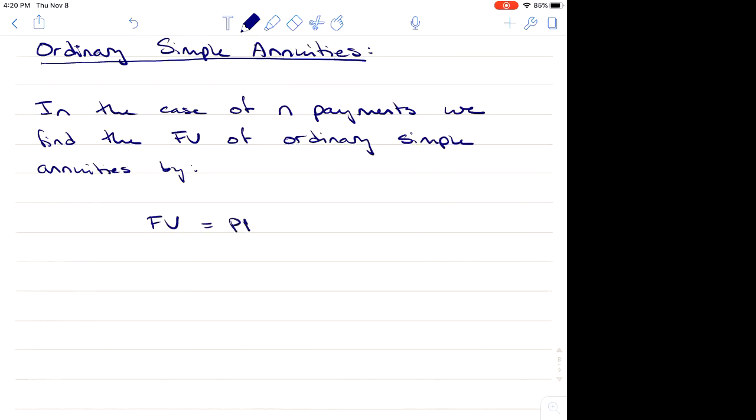It is the PMT, the amount of each of these equal payments, times the bracket (1 plus i to the power of n, minus 1) over i.